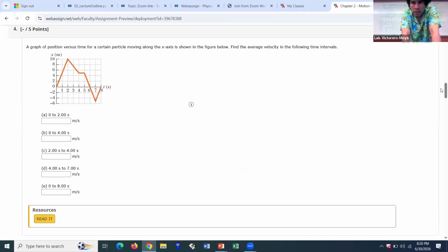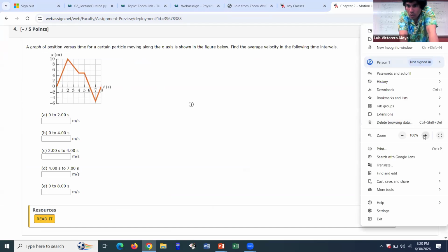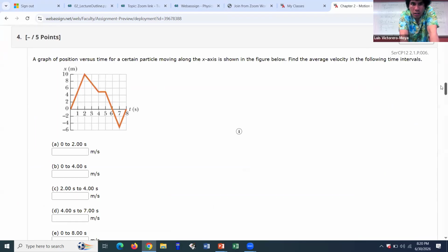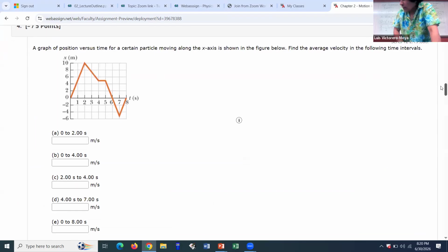This question. Let's talk about this. Let's make this bigger. All right. So this is another classic equation of motion. I want to see how you guys think about this, all right? So they give you a position.